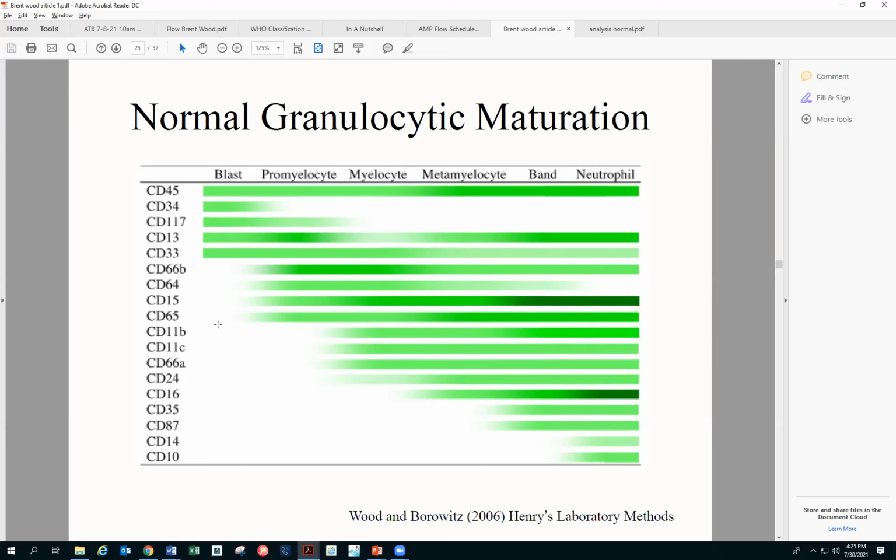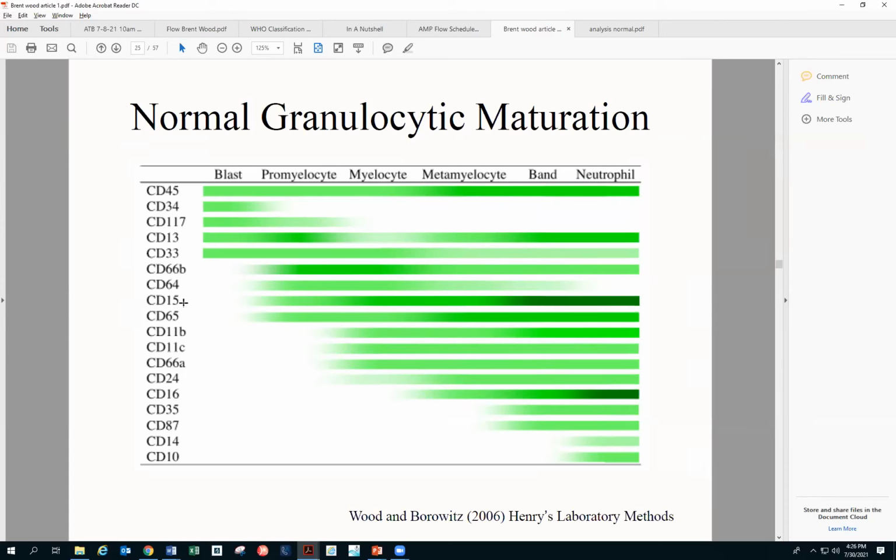So that's CD15. CD65 similarly. CD11B, as mentioned, is brighter in monocytes. However, CD11B can also be expressed in myeloid lineage. Then CD16.